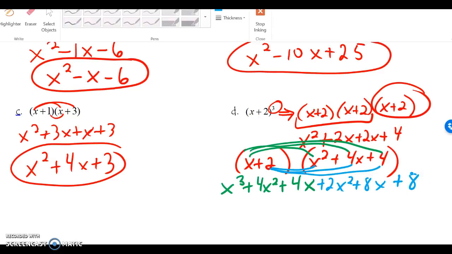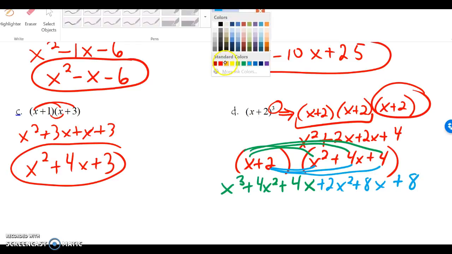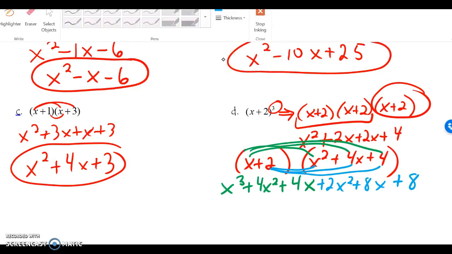Now from here, combine all my like terms and write the final answer in descending order, which means I put the highest exponent first and go from highest to lowest. So I'd have 6x squared, and I usually cross these out as I use them, then 12x, and then plus 8.